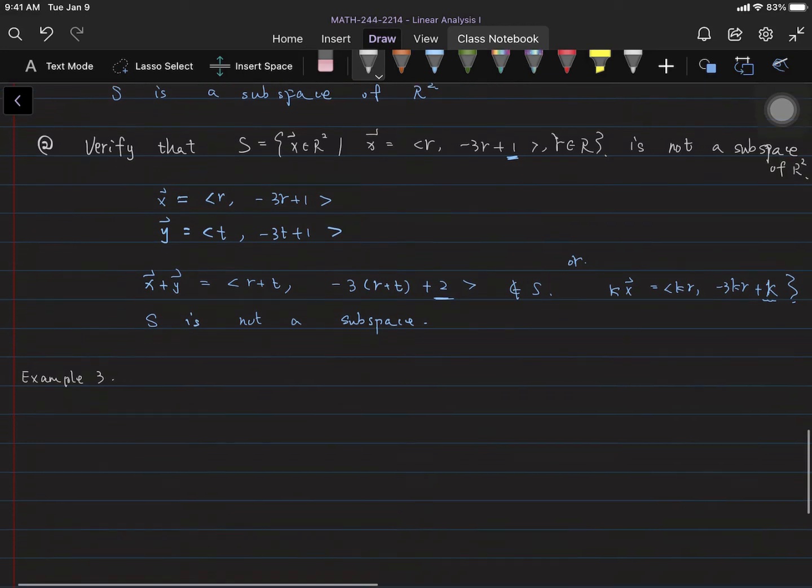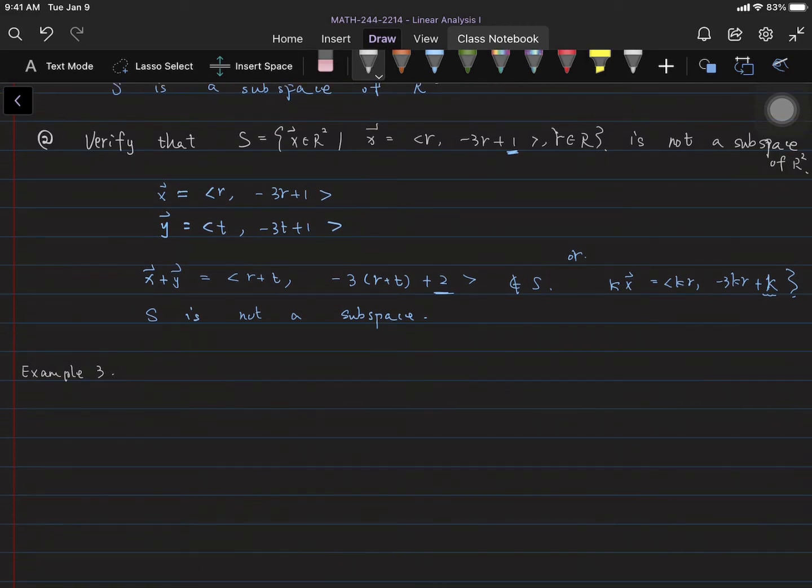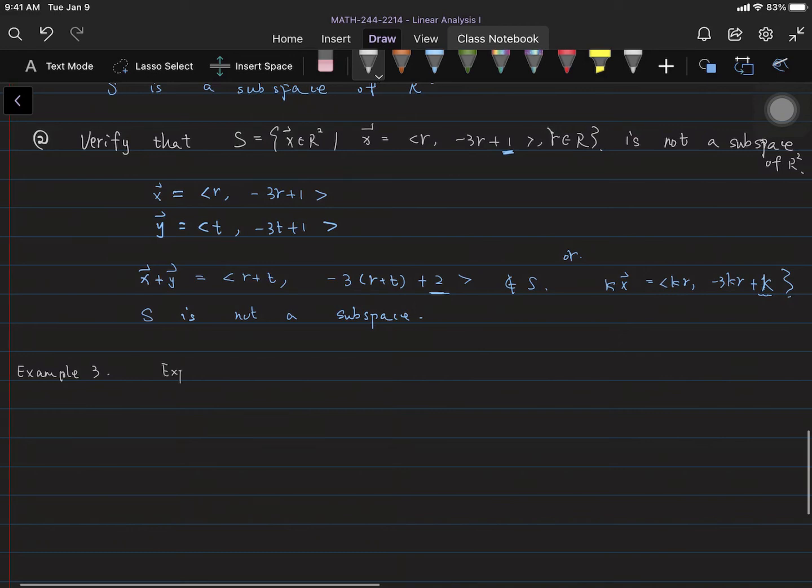Now let's do example 3. We want to learn how to express a set in set notation. Let's see.